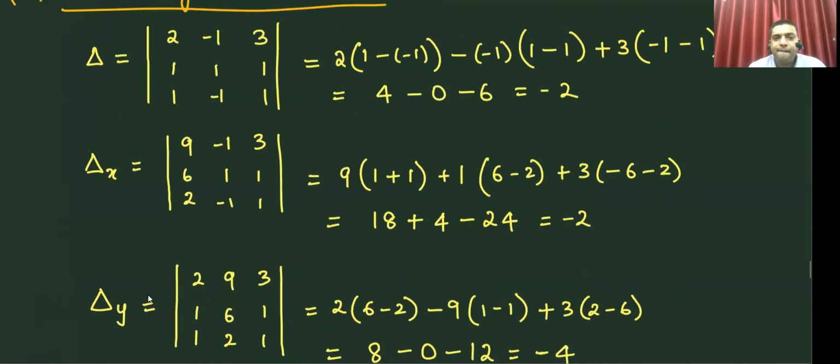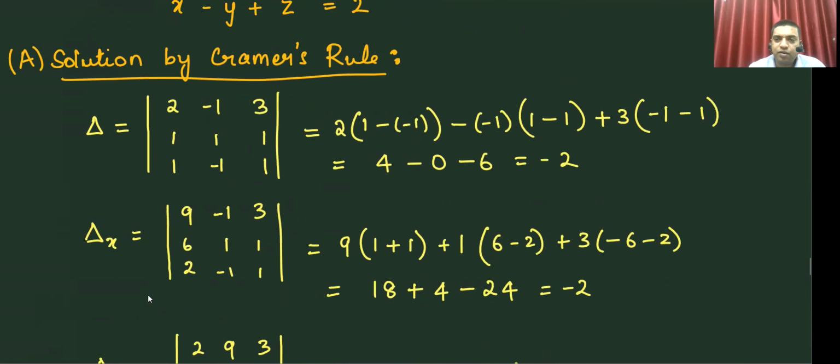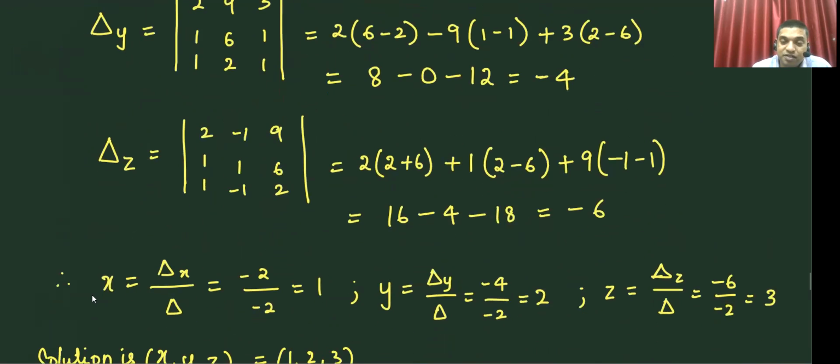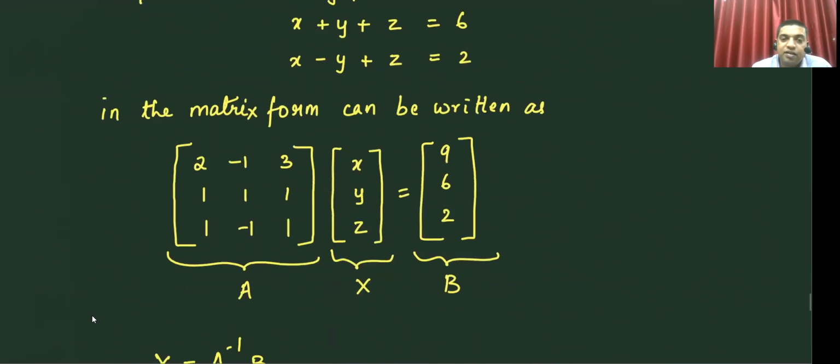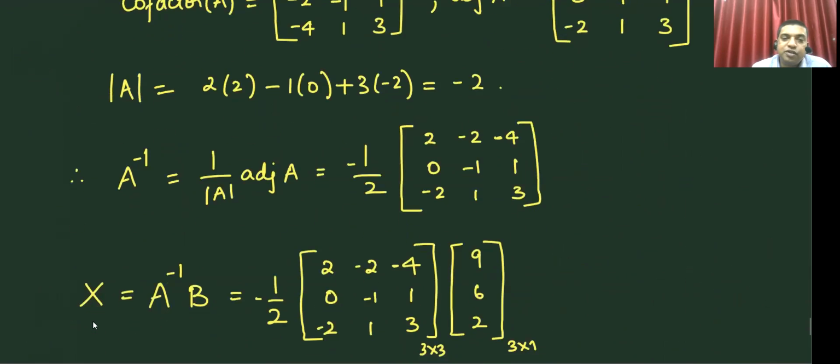Suppose it is 4 by 4. You will have to evaluate five determinants of order 4 by 4, whereas in matrix inversion, you have to find the determinant only once. Of course, the adjoint will require a lot of computation.